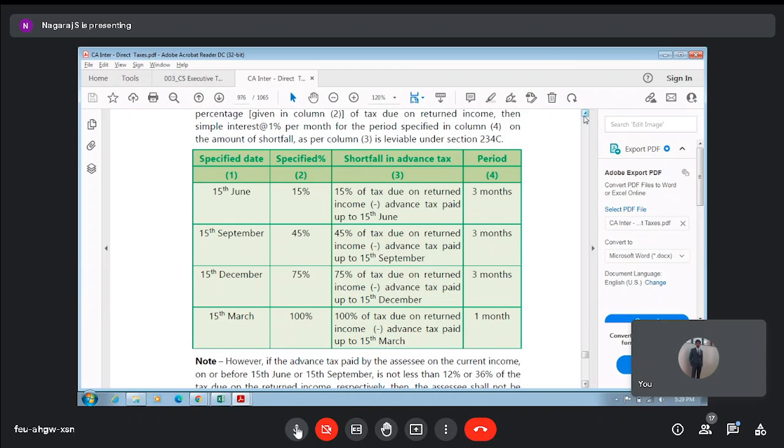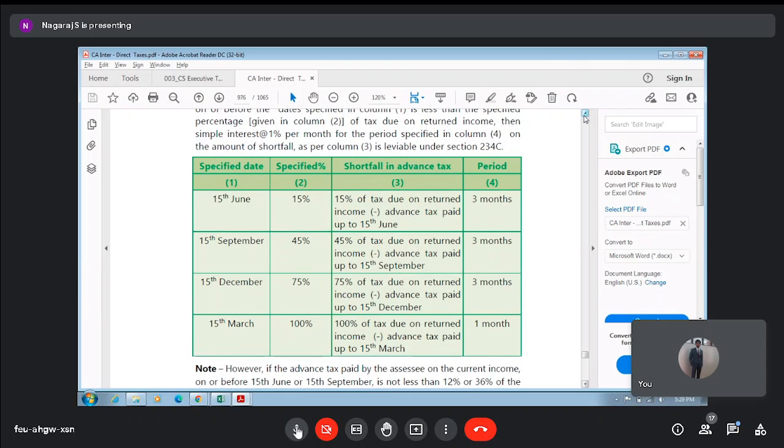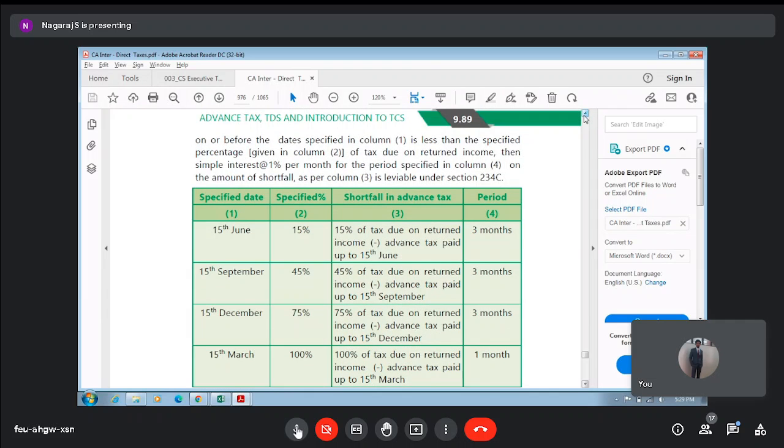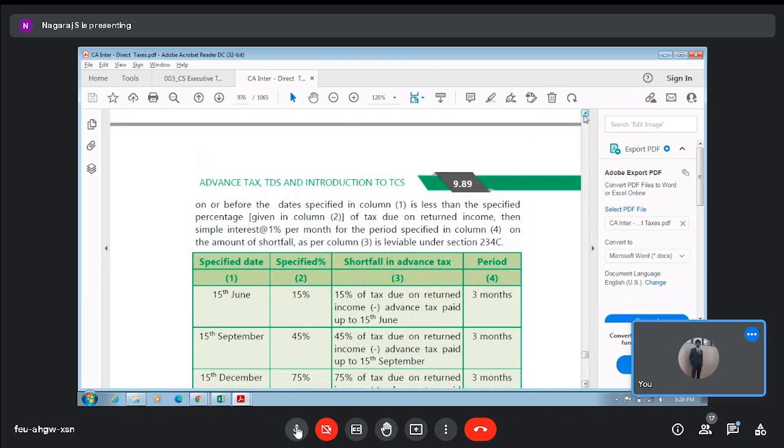I am not CS. You can witness all these things. Please refer to the correct books. It is not CA also. You can refer to outside material also, anything, but it should be correct. Otherwise, you will lose the marks.